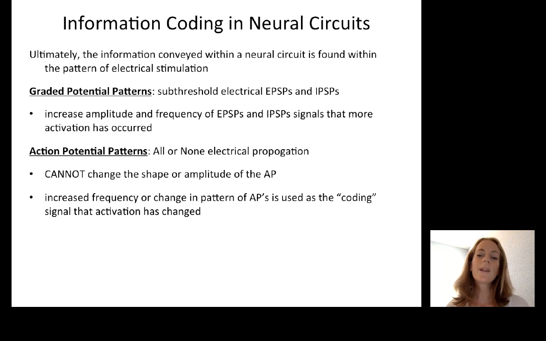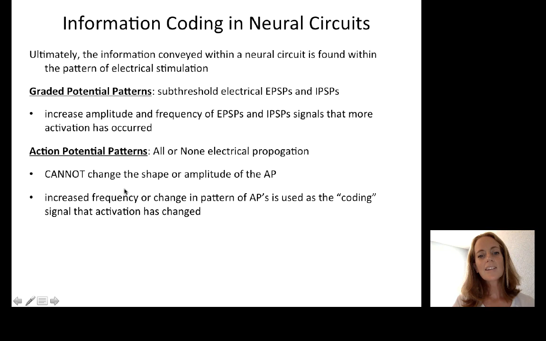So information coding in neural circuits is really fascinating. If you're someone who loves to think about computer science and the basic mathematical calculations that can go with all this, this can get really fun. But the bottom line is that ultimately the information conveyed within a neural circuit is found within the patterns of electrical stimulation, and recording from the brain is absolutely fascinating to listen to, all of the action potentials that are going on.